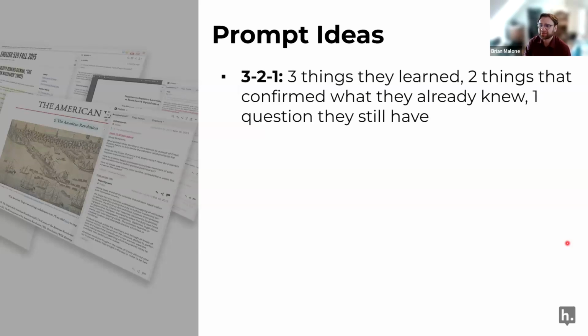Some prompt ideas, and this is the part where I really want to reemphasize that disclaimer. Some of these you're going to hear and you'll be like, that's not going to work. That's totally fine. Hopefully some of these you'll hear and you'll say, oh, I could definitely modify that and work with this in my own context. But one prompt idea is this idea of a 3-2-1, right?